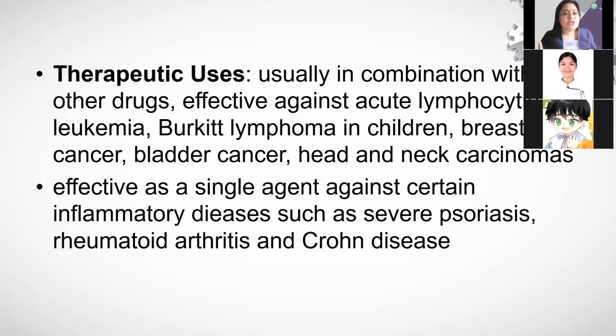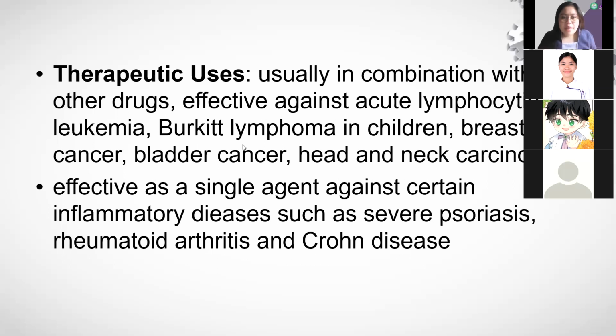But a board exam question: aside from being an anti-cancer drug, methotrexate is also used for autoimmune diseases such as severe psoriasis. We even give methotrexate for rheumatoid arthritis and Crohn's disease. Crohn's disease is an autoimmune disorder, but the problem is on the bowel movement. It's more on the gastrointestinal tract, wherein there will be changes in the bowel movement of the patient.